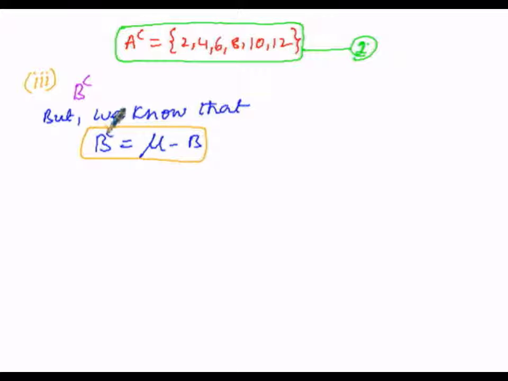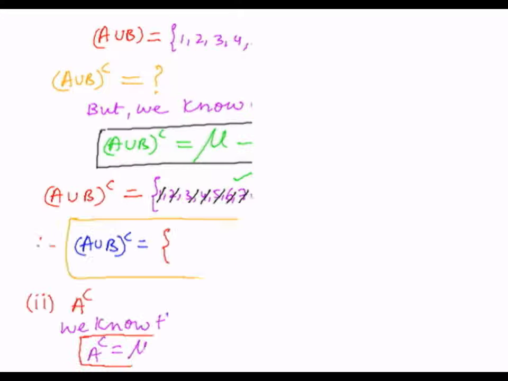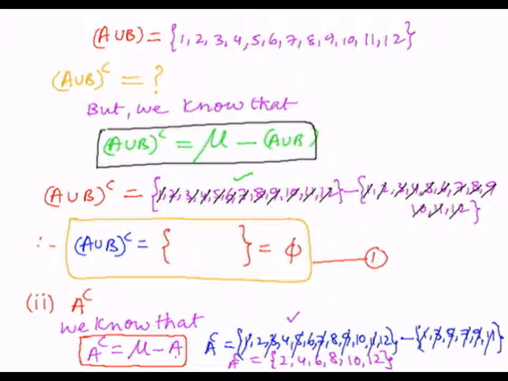Based upon this principle, B complement is equal to the universal set mu minus B, but the universal set mu elements are of 1 to 12.